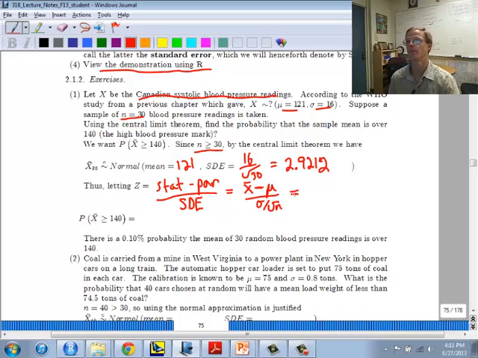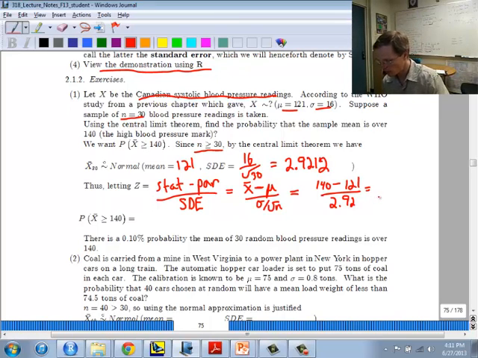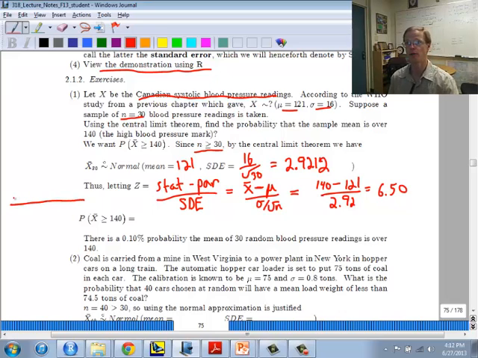So, for x bar we're going to use 140, mean 121, standard error 2.92, and we get 6.5. Whoa! The alarm bells are going off. 121 to 140.